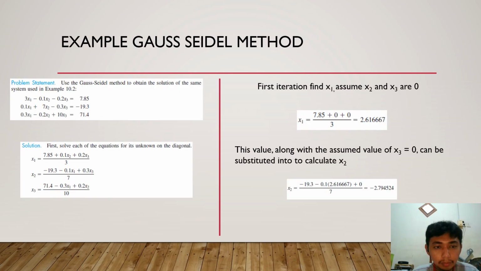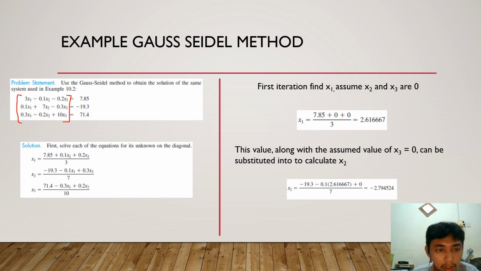Example 10.2. We will solve this system of linear algebraic equations. So first, we solve each equation for the unknown on the diagonal. If we take this as a matrix, then we can see that this is a 3 by 3 matrix, with 3 columns and 3 rows.